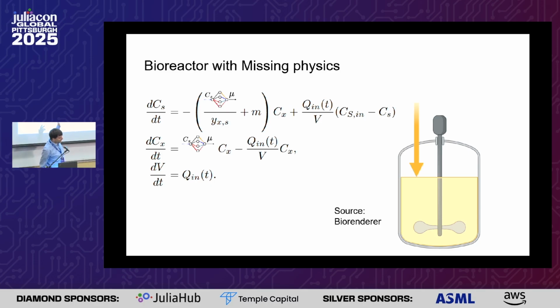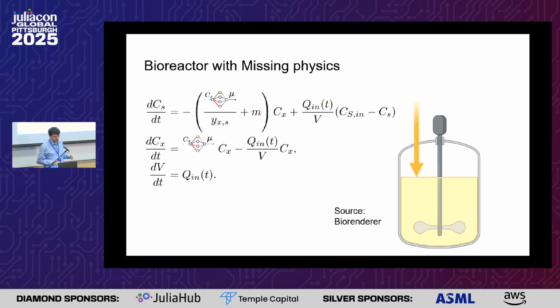We have three main differential equations, and physically what they represent, we have concentrations of substrate, which is CS, and then we have concentrations of biomass, because it's a bioreactor, so there are some tiny creatures in there that eat the substrate, which is the food, and of course the volume of this entire thing.